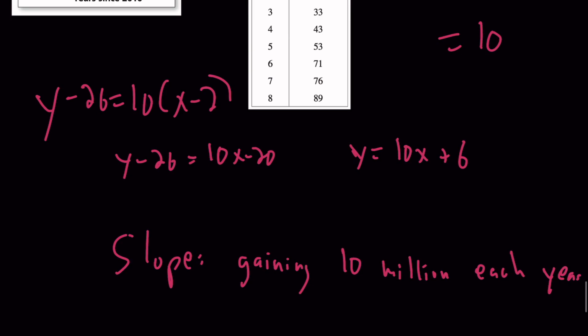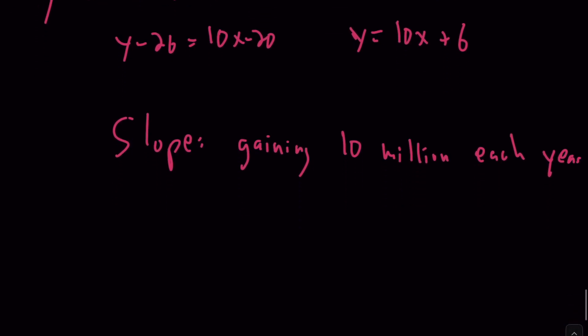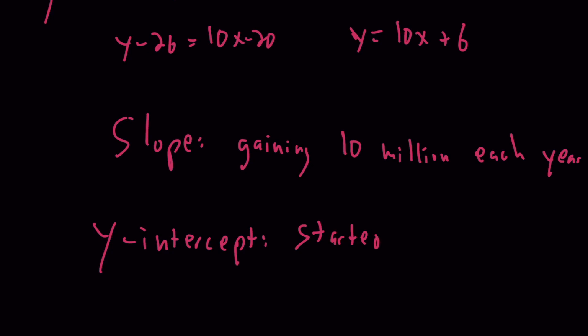Now your y-intercept, or 6, means that you started around 6 million. So that's how you interpret it.